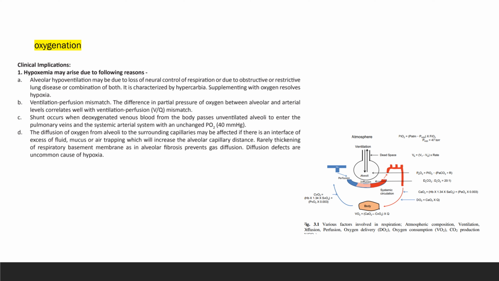So diffusion problem can be due to something like excess fluid or mucus or air trapping, or sometimes even thickening of the respiratory basement membrane as in alveolar fibrosis, which are preventing the gas diffusion to occur. So these are the problems of oxygenation, that is ventilation, that is from the atmosphere to the alveoli. The second is alveoli to blood, so either VQ mismatch or shunting. And lastly, the diffusion, that is the exchange of gases.